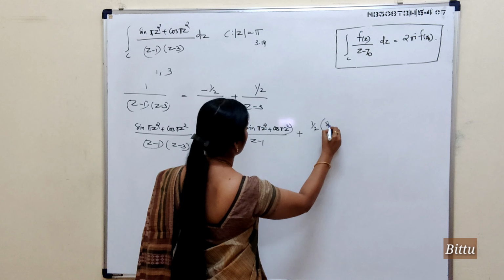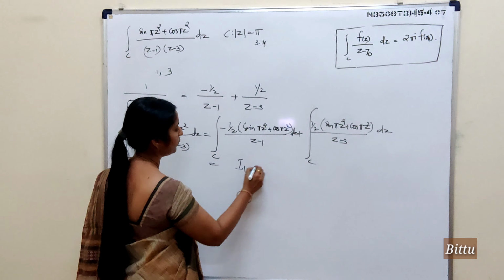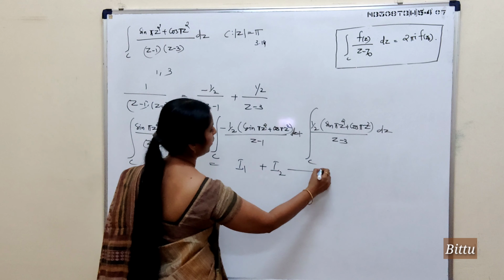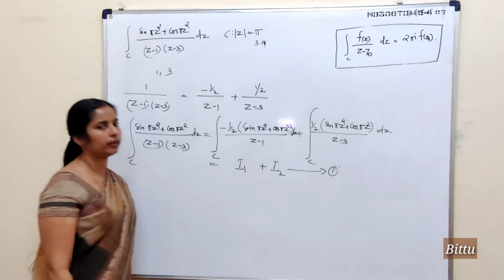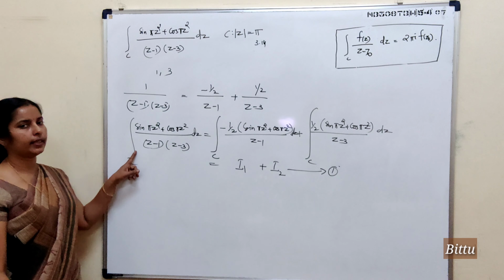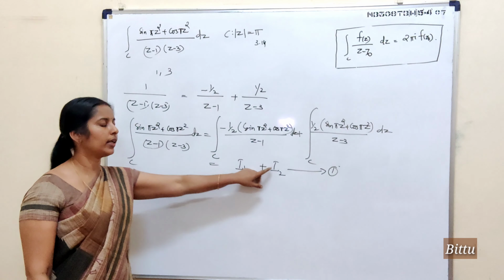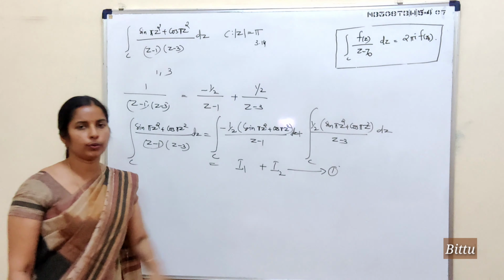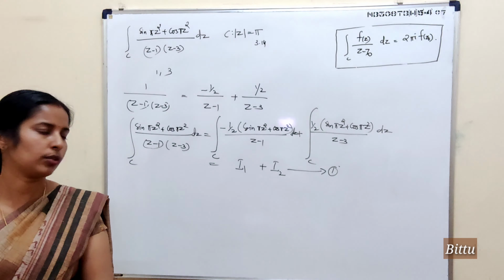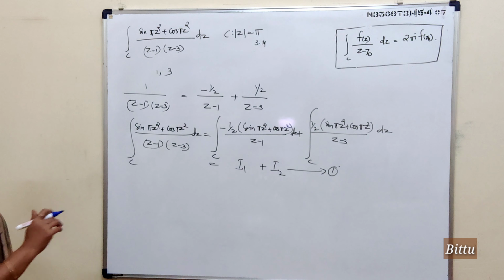Next you take integral on both sides. So integral over C, you split the integral here, integral over C plus integral over C. Consider the first integral as I1, take the second one as I2. You put this as equation number 1. So for getting the value of this integral, we have to evaluate I1 and I2. Now we can find I1 and I2 with the help of Cauchy's integral formula.